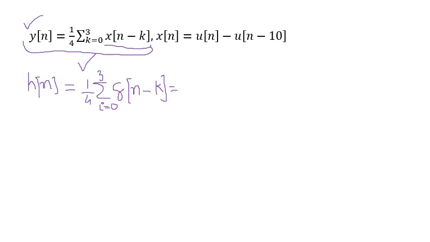Sorry, this is not i, in fact it's k, with k running from 0 up to n. If I open this expression, this 1 by 4 is basically a scaling factor. When I replace k by 0, I get impulse of n, which means I should get something like 1 by 4.